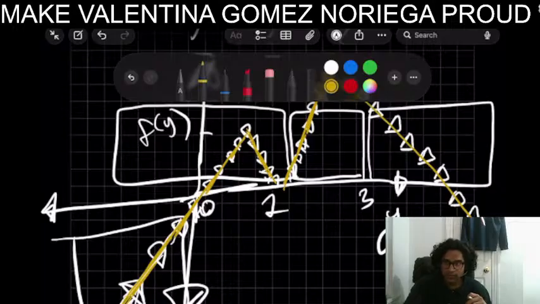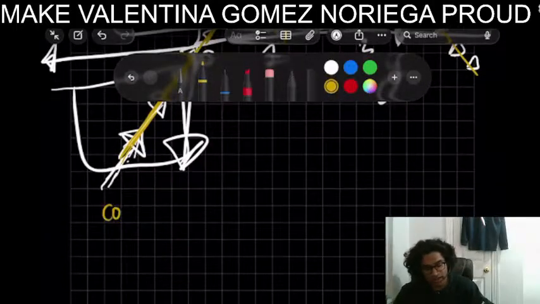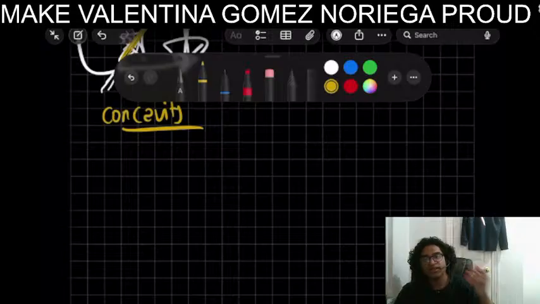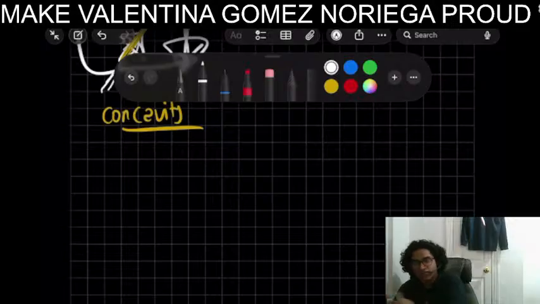Cool. We can check the concavity. The way you can check the concavity is by second order differentiating it, so by y prime prime.